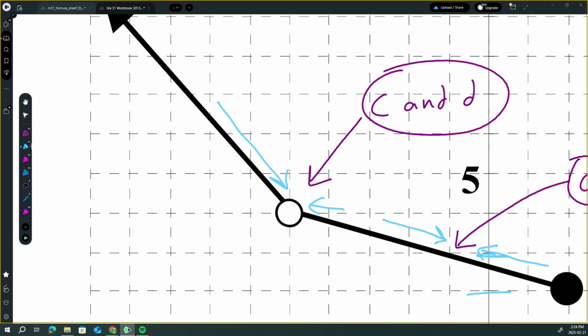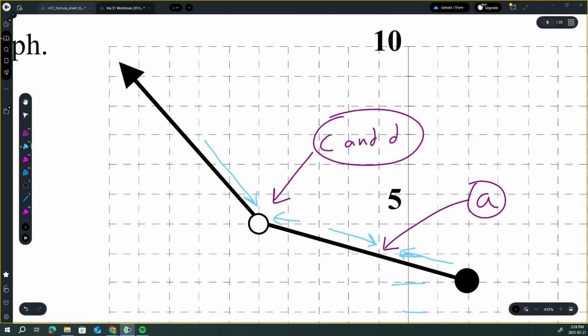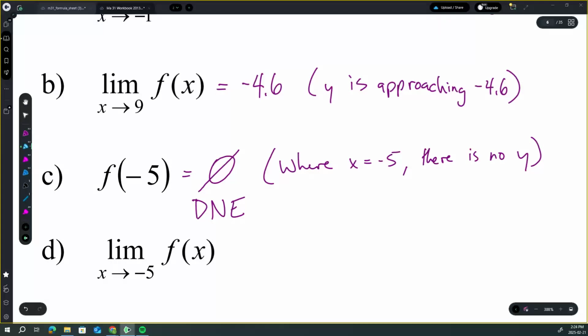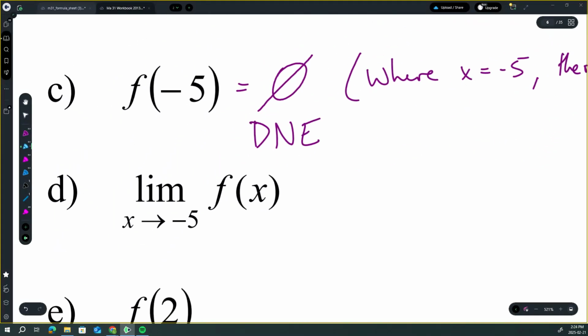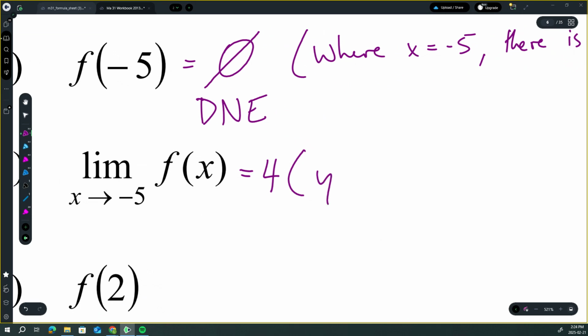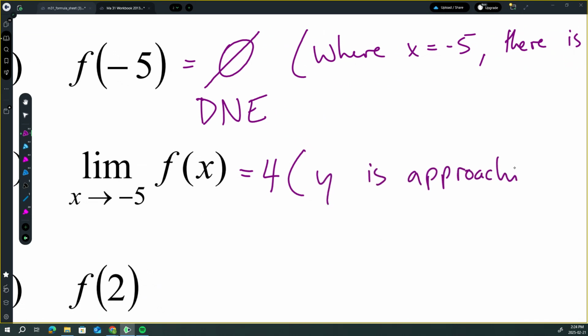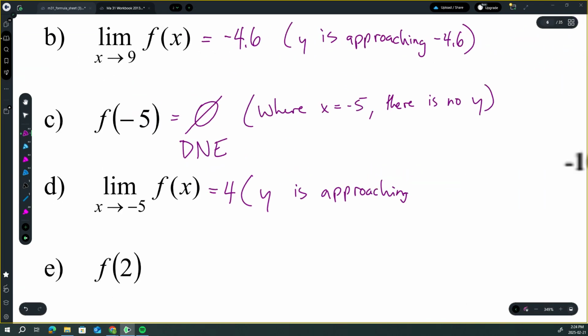That's as x gets to -5, but it's not right at -5 just yet. So that's why we get a different answer for d. We're going to say it is equal to 4. So what we're saying here is y is approaching 4, even though there's no dot at y equals 4.